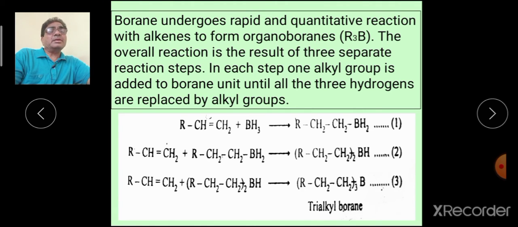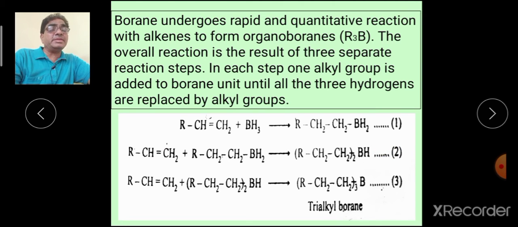Okay, this is an alkene molecule. The reaction with borane, first step. This is the second step. In each step one alkyl group is added.